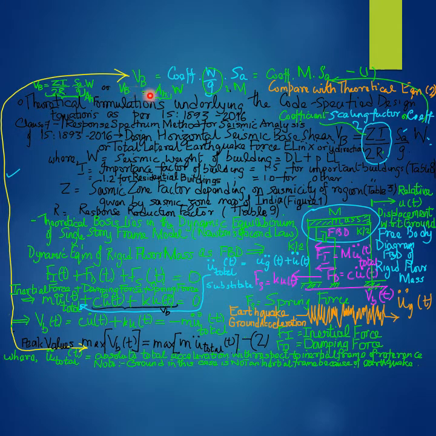Noting that the ratio W over g represents the total mass of the building, denoted as M, the code specified formulation for the design horizontal seismic base shear, denoted as V subscript capital B, can be expressed as the product of the coefficient times the mass of the building times the spectral acceleration.